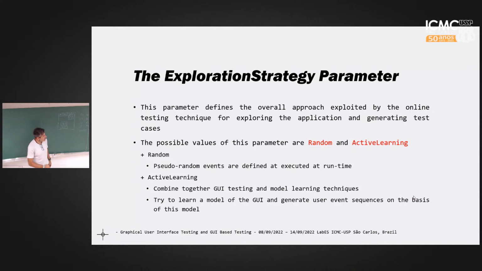Active learning is combined together with testing and model learning techniques. Model learning, in some cases, is a very new topic where active learning and model learning is strictly related to AI, where I apply AI for understanding better the model that I'm building at runtime.